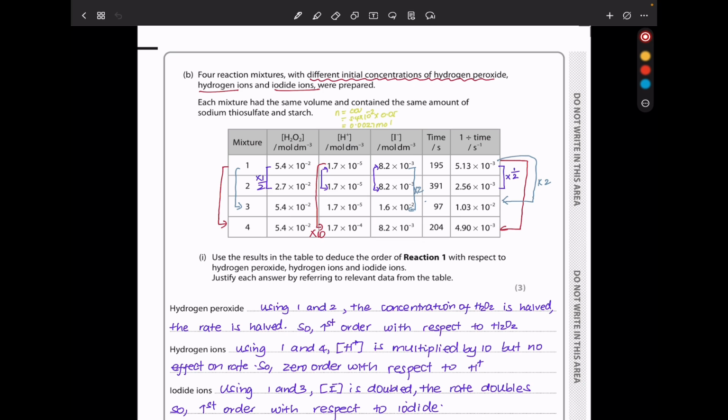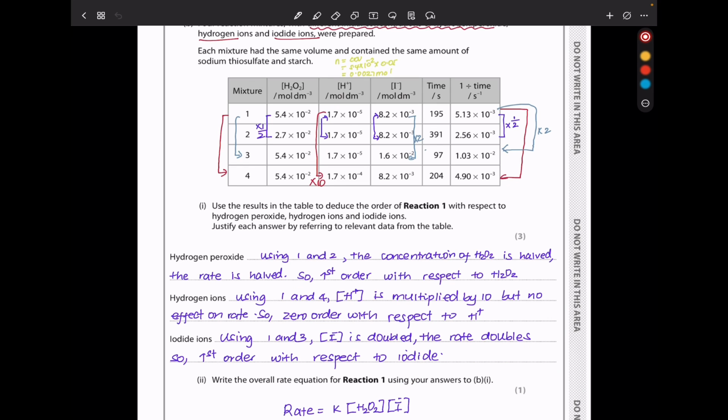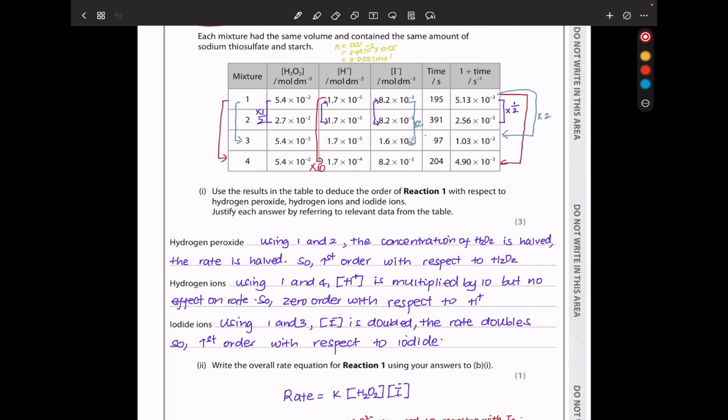And in part B, reaction mixtures with different initial concentrations of hydrogen peroxide, hydrogen ions and iodide ions were prepared. Each mixture had the same volume and contained the same amount of sodium thiosulfate and starch. They say use the results in the table to deduce the order of reaction with respect to hydrogen peroxide, hydrogen ions and iodide ions.